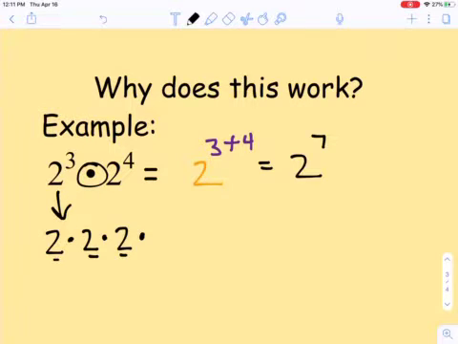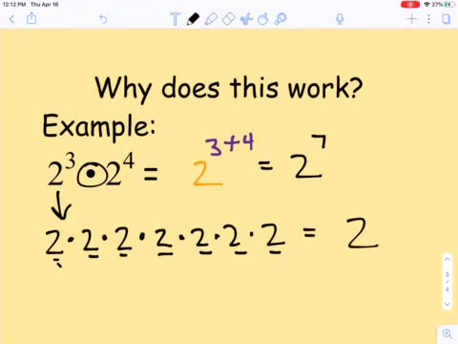So when I do 2 to the fourth, that's basically like adding another four 2's. And if you paid any attention in the last video about this, which I'm assuming all of you did, you know that if you have something written like this, a continued repeated factor like the way we have here, basically you just take the common base, which is 2, and you count how many you have.